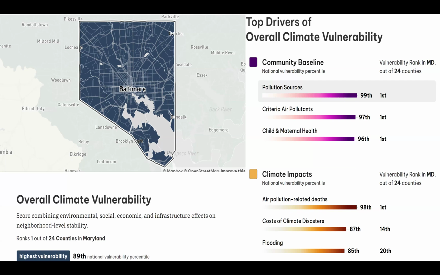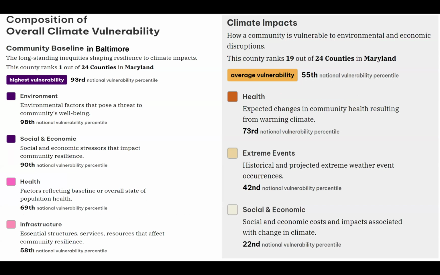It's number 1 in air pollution related diseases. 14 in cost of climate disasters, flooding 20. So in many factors, it's very high and vulnerable. The baseline is relatively okay. It's ranked 19 out of 24 counties in Maryland.